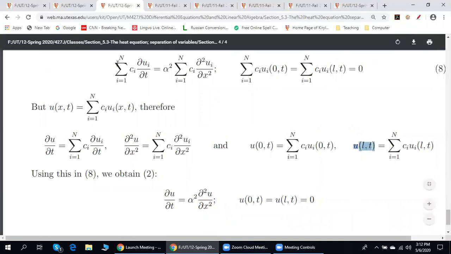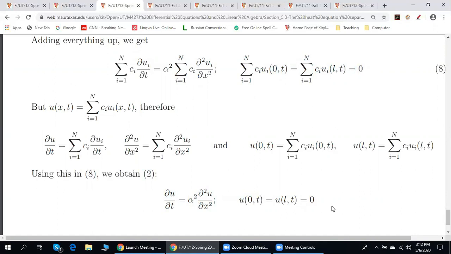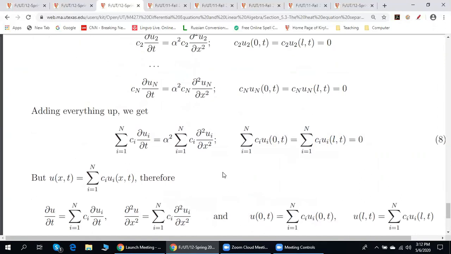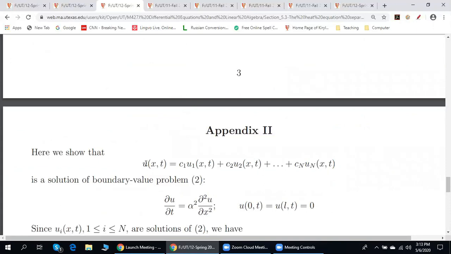In total, a left-hand side, which is this, is equal to a right-hand side, which is this, and this, which is u of 0,t, is equal to this, which is u of l,t, is equal to 0. What is written here means not only u1, u2, and so on, un, but also this u is a solution of our boundary value problem.